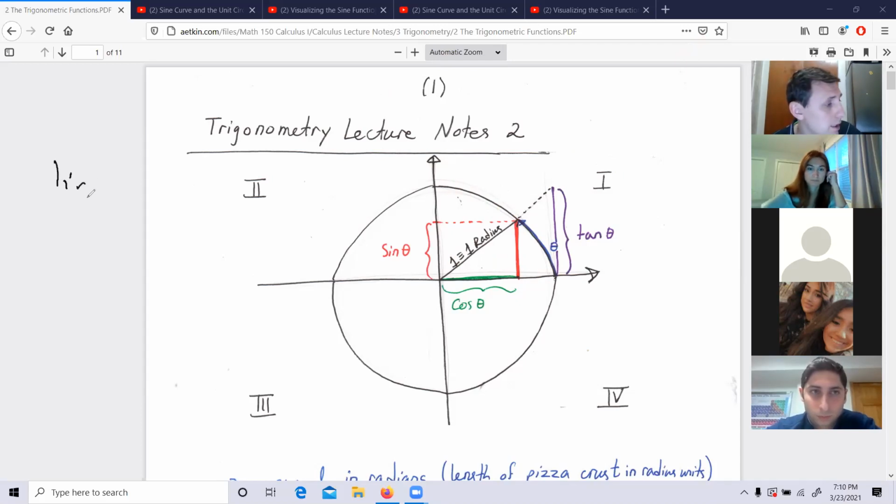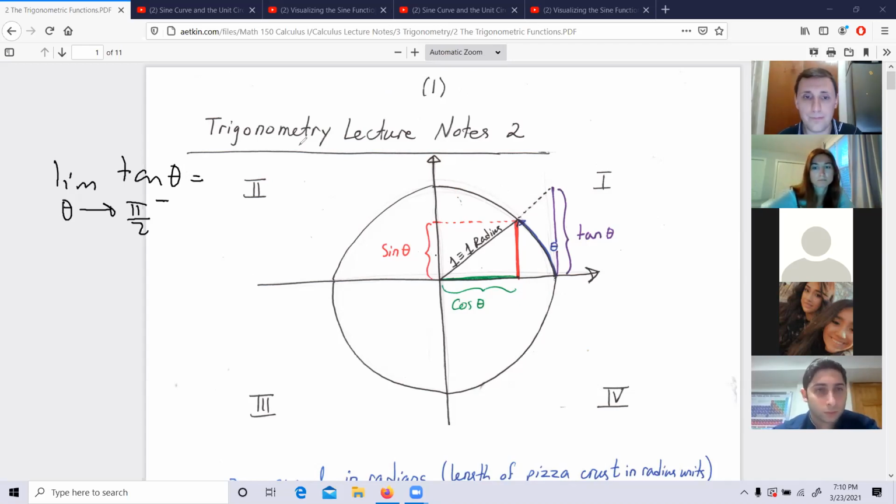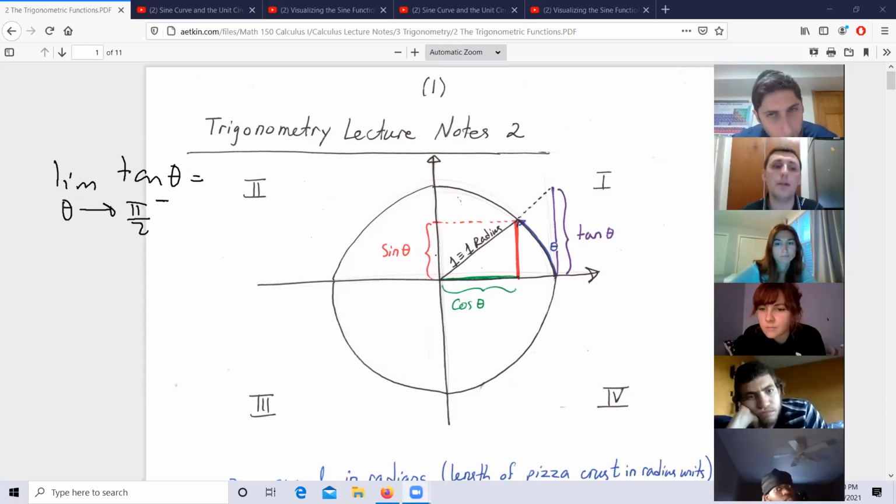What's the limit as theta goes to pi over 2 from the minus side? Minus because this is pi over 2 less and this is pi over 2 more, of tangent theta. What will I get, please? What will I get if I push theta to pi over 2 minus of tangent?